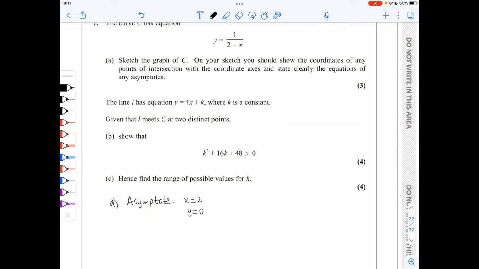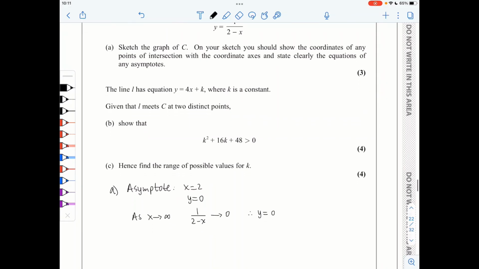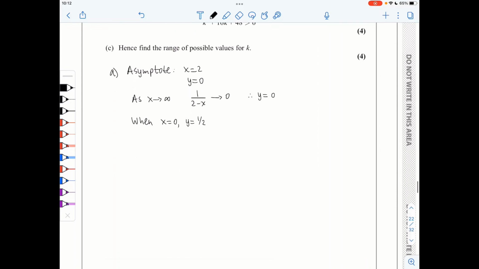In order to see this, we can see that as x grows to infinity, 1/(2 minus x) tends to 0, because we've got 1 over something very big. So it tends to 0, and therefore y equals 0 is an asymptote. I can also say that when x is 0, y is a half. So that's the cut on the y-axis. So we can now sketch this.